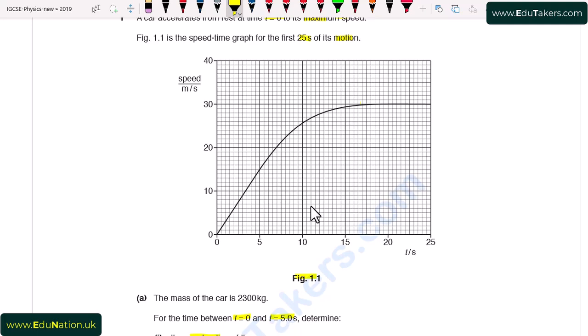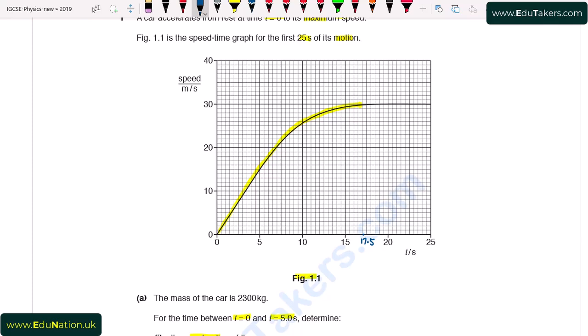So at this point, starting from 0, we can see that the trend of this curve is that the speed of the body increases, and it increases from 0 up to almost 17.5 seconds. Speed increases means that the car is accelerating, or we can say that when we increase the time, the speed also increases.